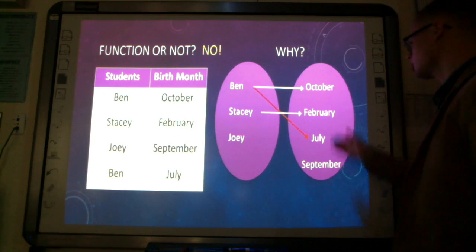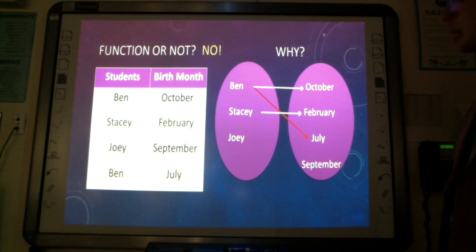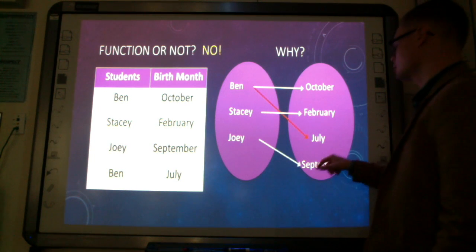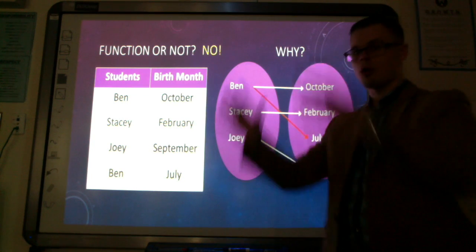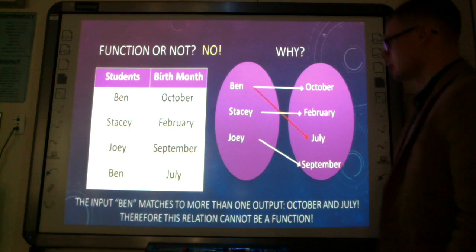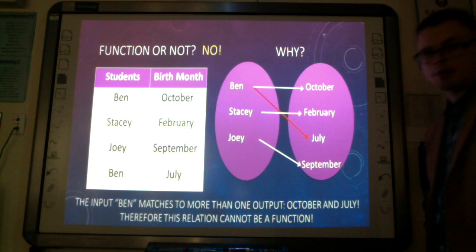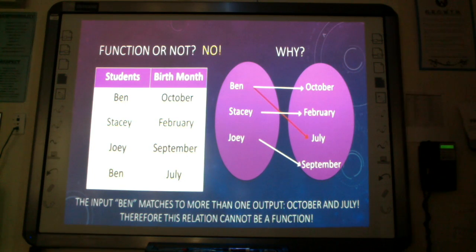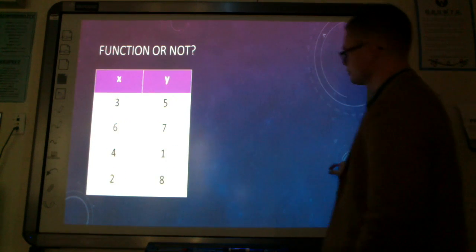Ben cannot be born in October and July, which is very evident. And then we got Joey to September. When one input violates the function rule, the whole thing is not a function. So, formally, the input Ben matches more than one output, October and July. Therefore, this relation cannot be a function.